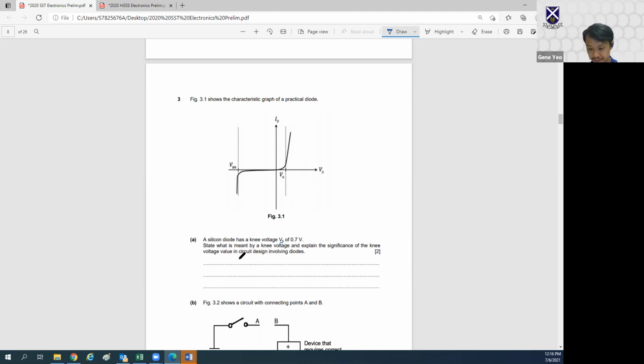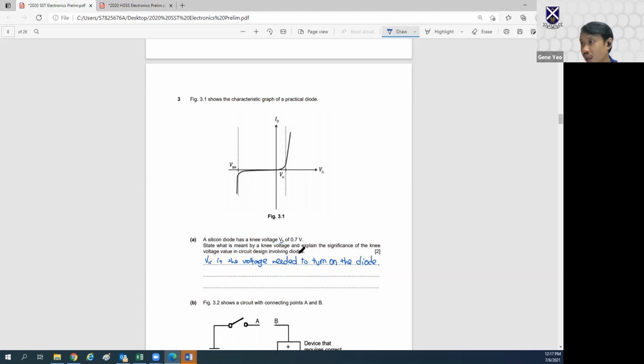Okay, so knee voltage, VK, is the voltage needed to turn on the diode. Okay, so that's knee voltage. It's basically a minimum voltage needed to turn on the diode.